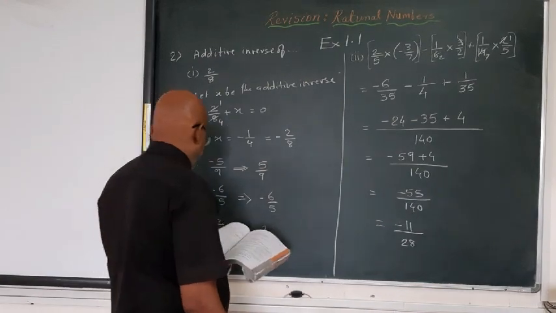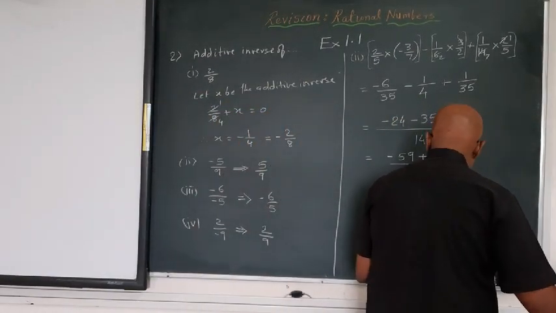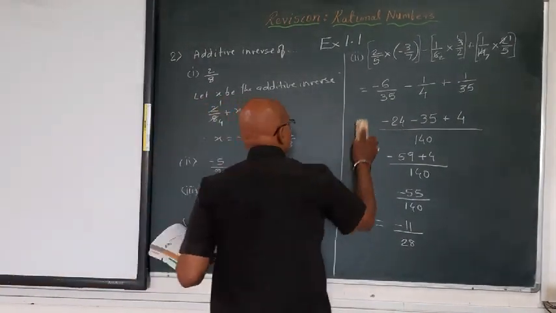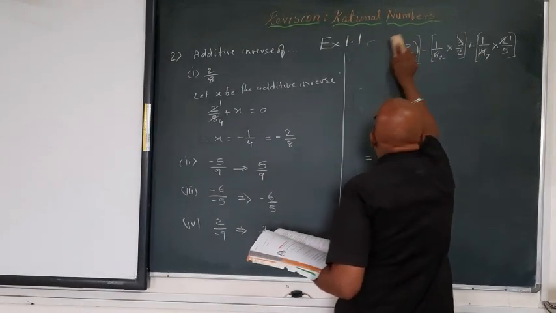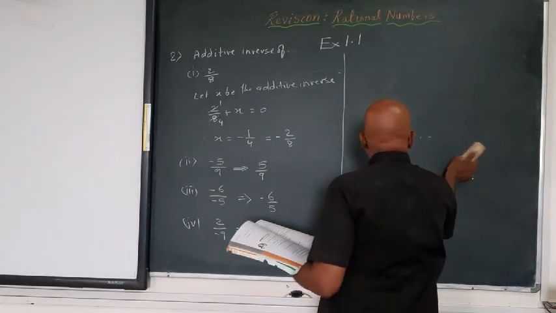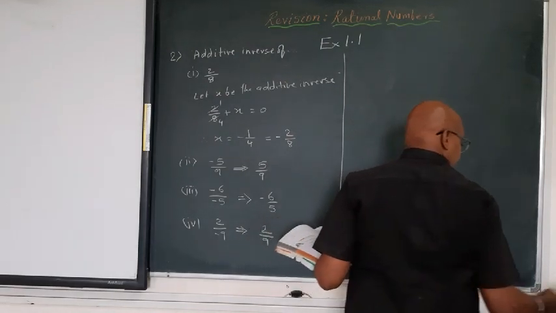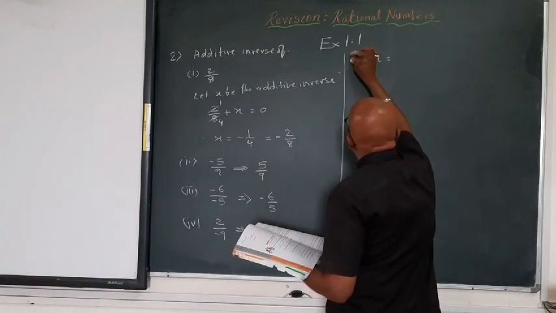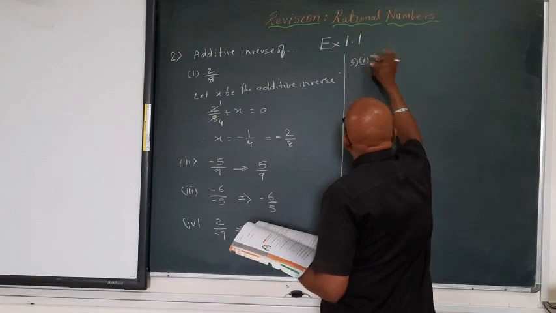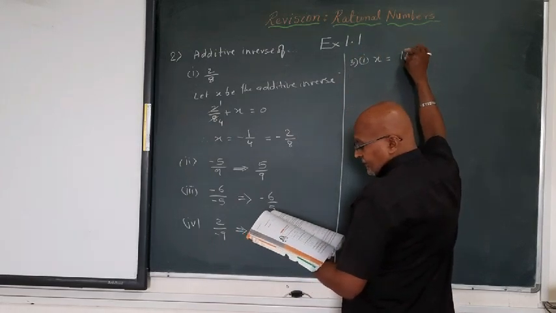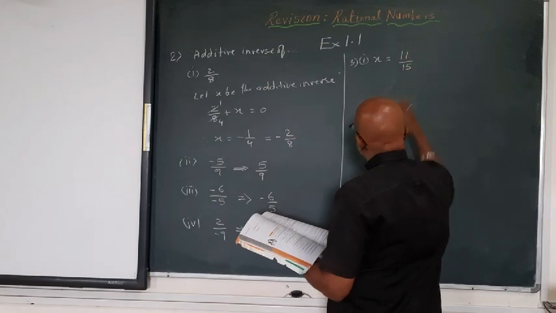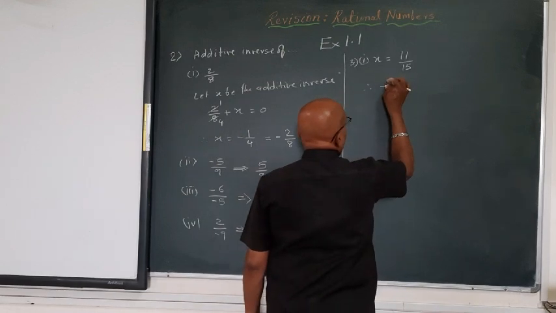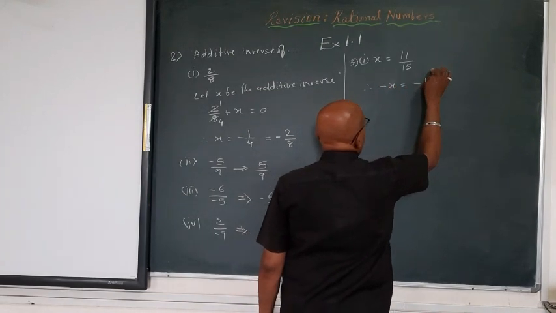Now third one, verify that minus of minus x equal to x. Two examples are given here. You have to verify that minus of minus x is x. So if x equal to the first one, x is given as 11 upon 15. As x is 11 upon 15, therefore minus x will be minus 11 upon 15.